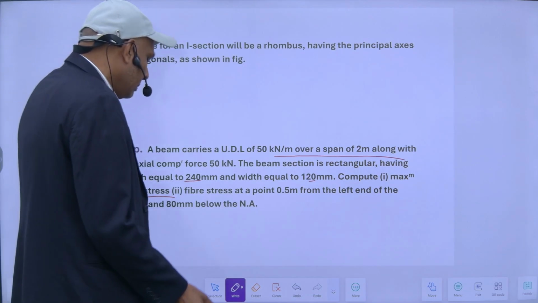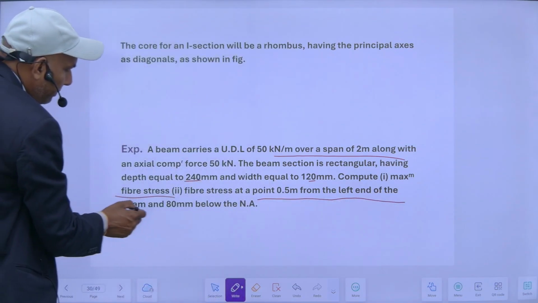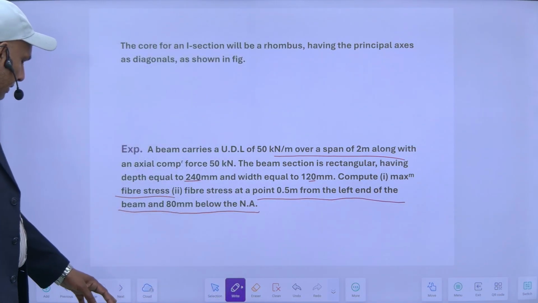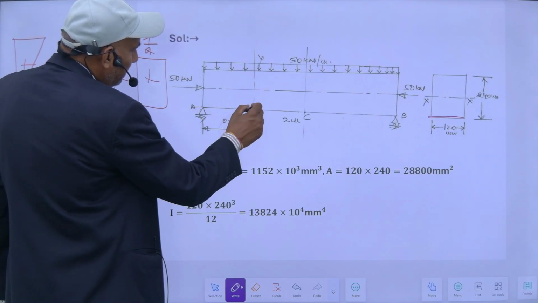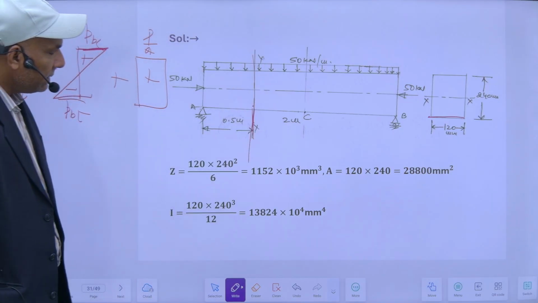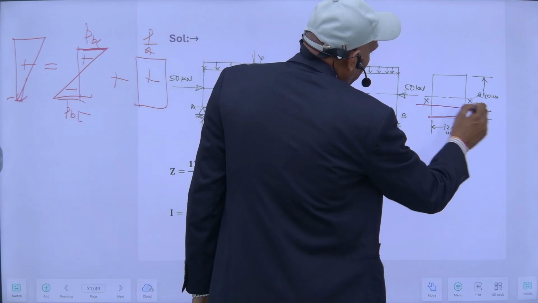Secondly, the fiber stress at a point 0.5 meter from the left end of the beam and 80 mm below the neutral axis, meaning 0.5 meter from this spot. So here you want to know the fiber stress at 80 mm below the neutral axis.